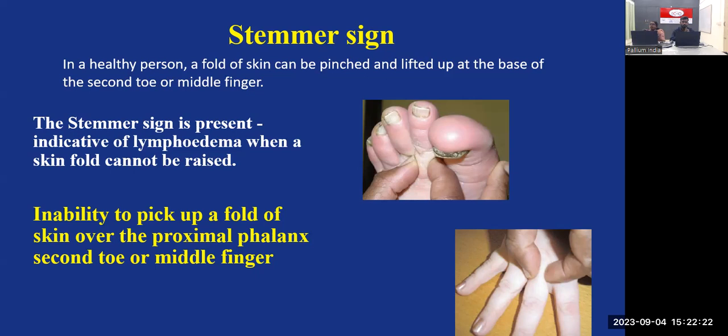This is called Stemmer sign. For a normal person, we can lift up the skin at the base of the second toe, or the middle finger in upper limb lymphedema. But if the patient is having lymphedema, we are not able to raise the skin in these two areas. So this is the positive sign of lymphedema.